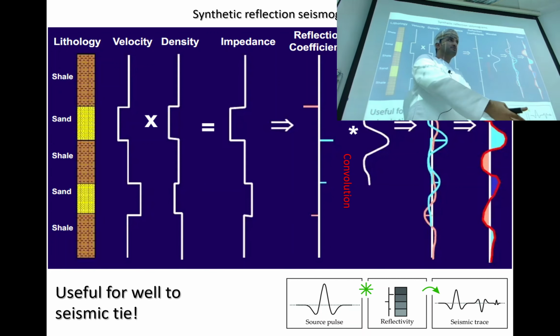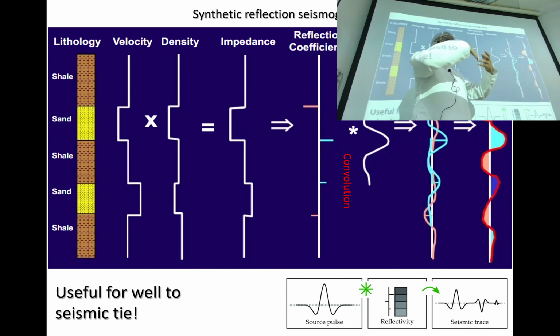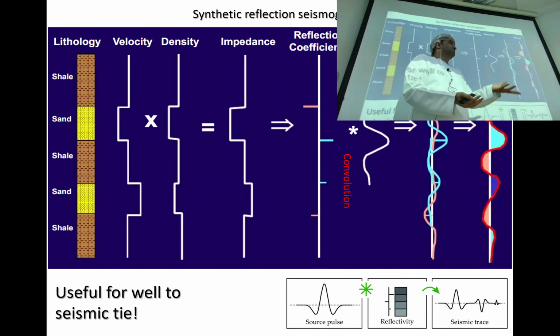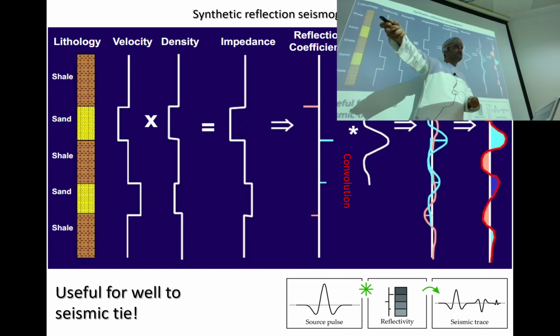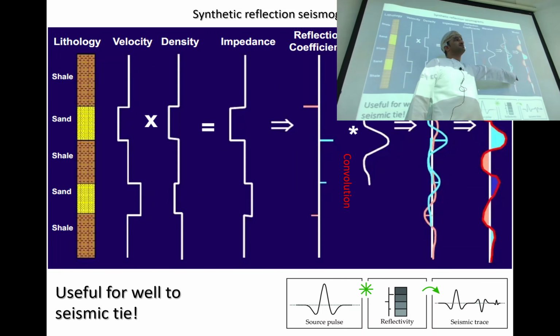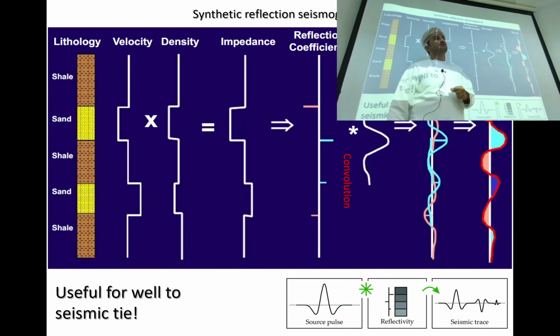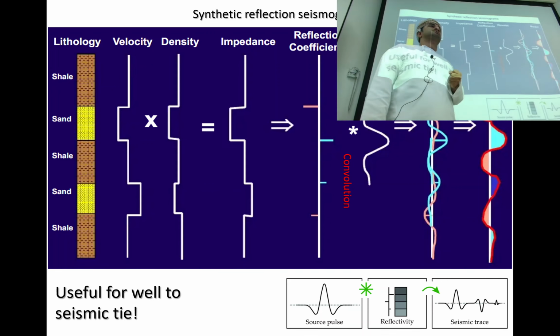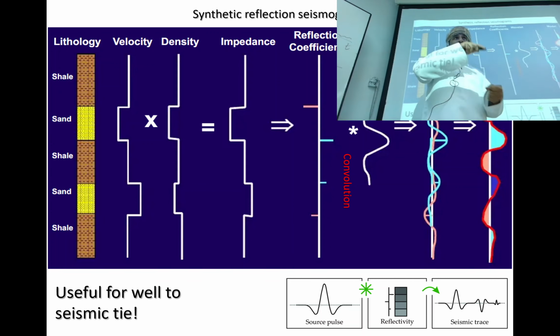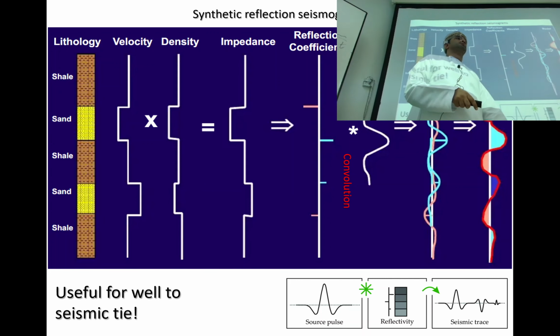This is correct, this is from real data. They did not remove some of the noise. Maybe you have a reflector in the seismic data that is not available here, not available in the synthetic data. It means that you haven't done your processing properly.